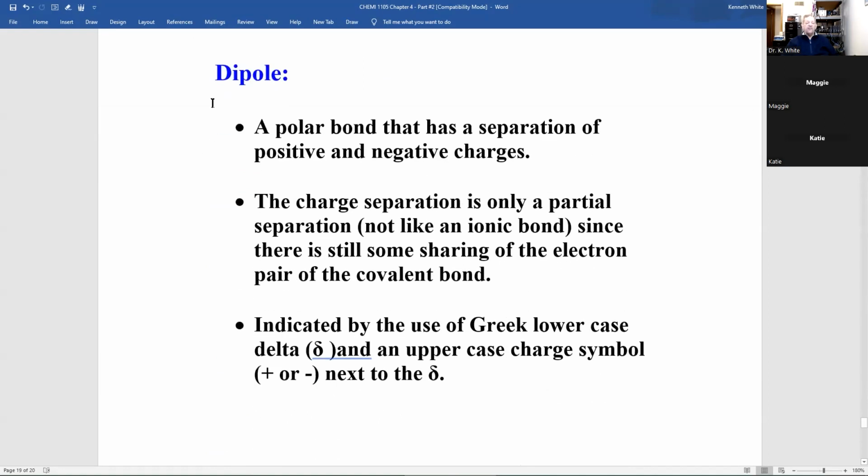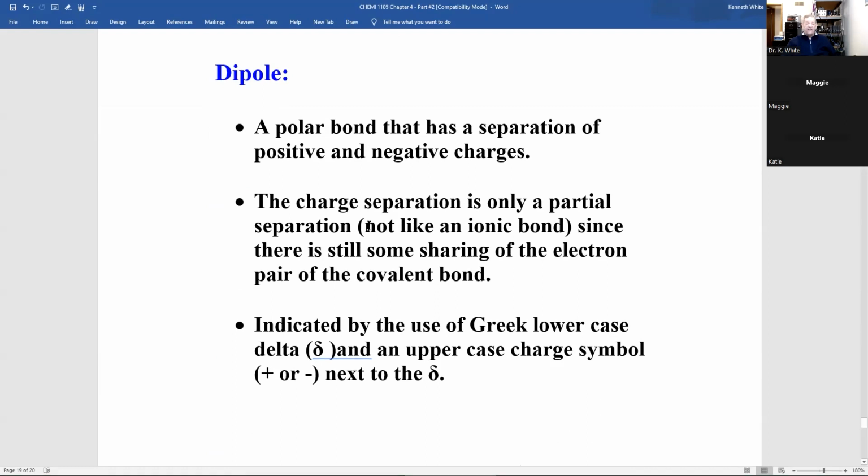Now, this is sometimes called a dipole. That's a polar bond that has separation of charges, positive and negative. The charge separation is only partial, and I'll explain more of this as we move on.